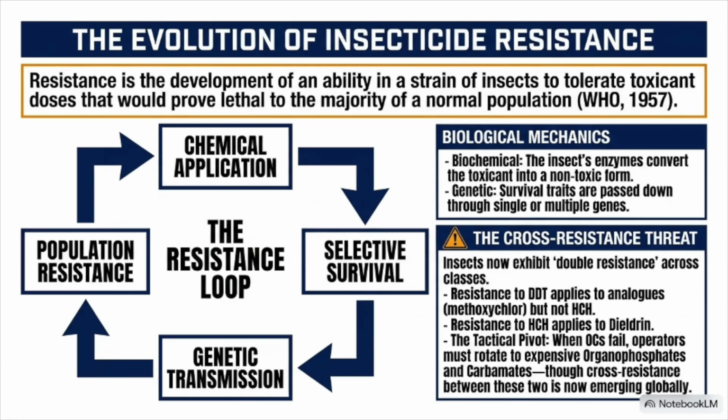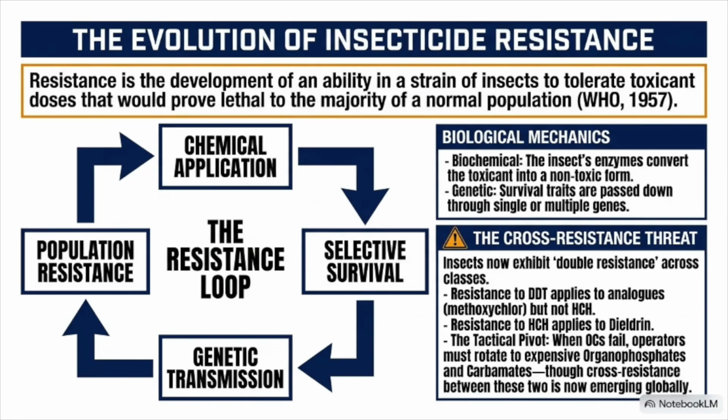The biological mechanics behind this include biochemical resistance, where the insect's enzymes convert the toxicant into a non-toxic form, and genetic resistance, where survival traits are passed down through single or multiple genes. A major concern is the cross-resistance threat, where insects now exhibit double resistance across classes.